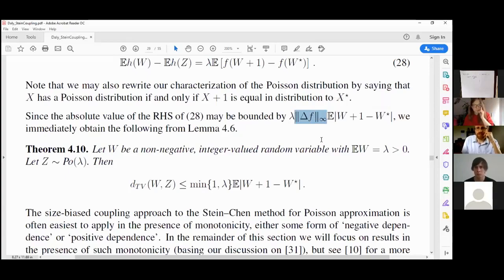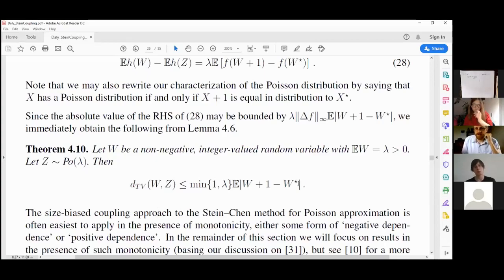So I can immediately write down this sort of bound that makes explicit the fact that when I want to bound how far W is from Poisson, I can do that just in terms of how far apart the shifted version W plus 1 is from the size bias version W star.